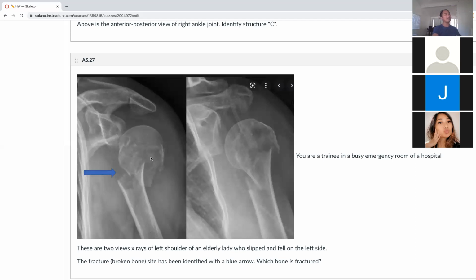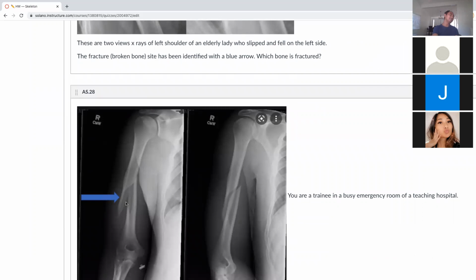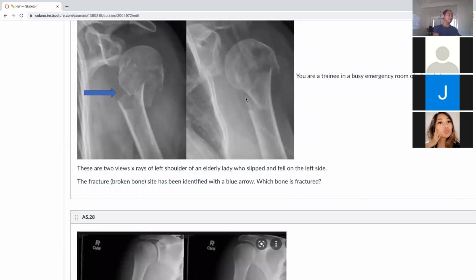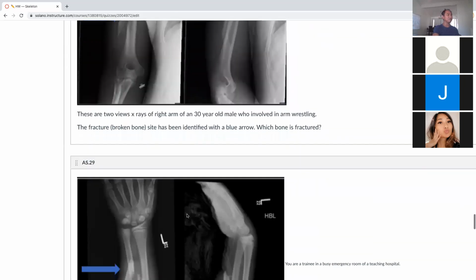It is in the flare, which is what we call metaphysis. And this is the diaphysis. So that is the difference between a diaphysis fracture of a long bone and the metaphysis fracture, which in other words we call proximal humerus. So in anatomy again, this is the metaphysis fracture, and this is the diaphysis fracture.